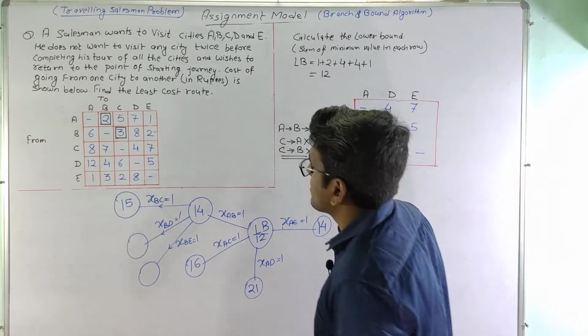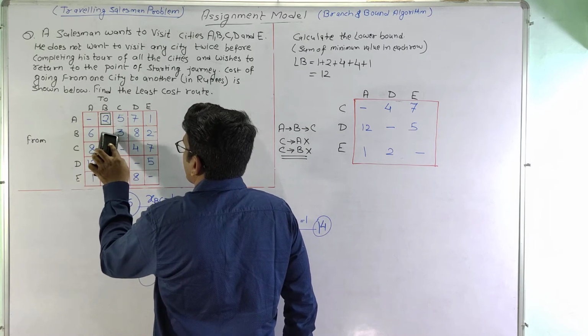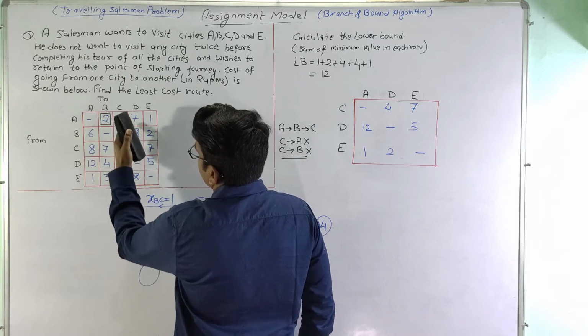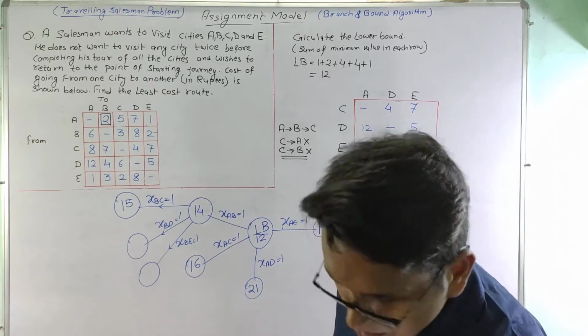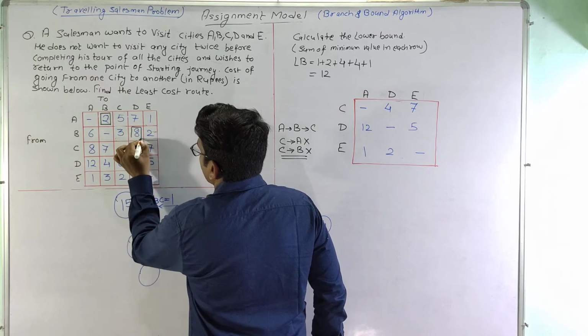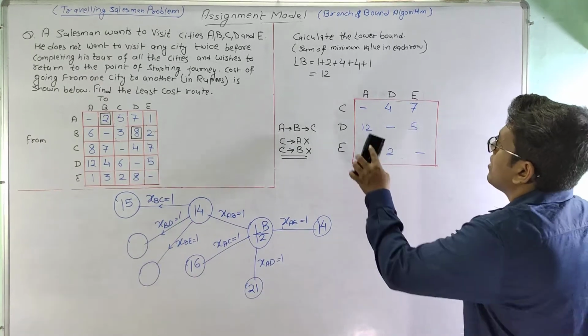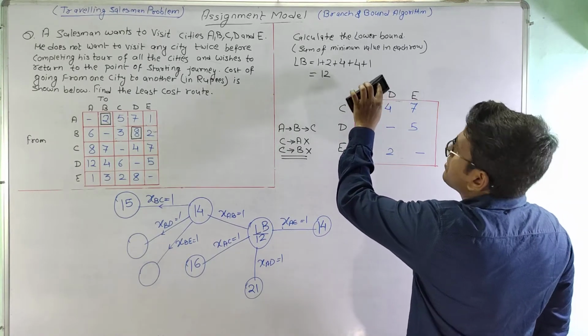Now let us assign the other cell. We have seen by assigning BC. Now let us see what will be the lower bound if we assign BD. So if we assign BD, again our lower bound value changes.